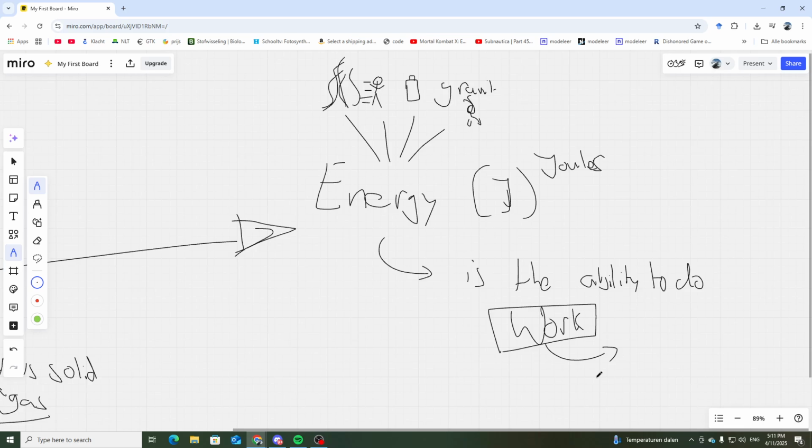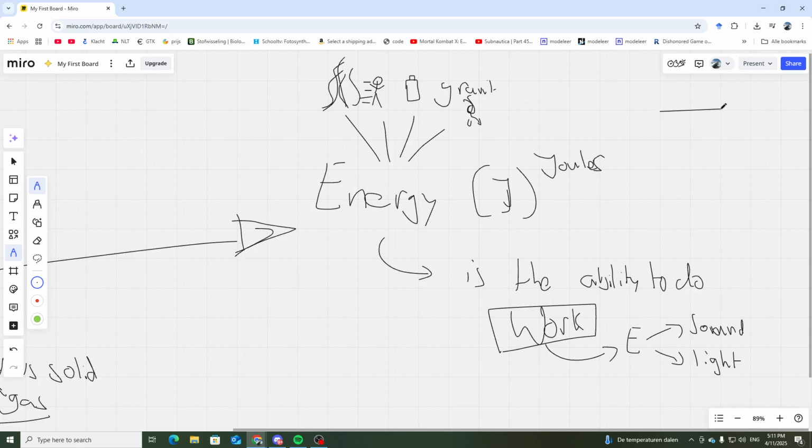So for example, think about electrical energy flowing through your wires and your screen right now, and turning that electrical energy into, for example, sound energy as well as light energy that you can see. This is what we call work. That transformation from electrical energy into different forms of energy, that is work. So energy is defined as the ability to do work.